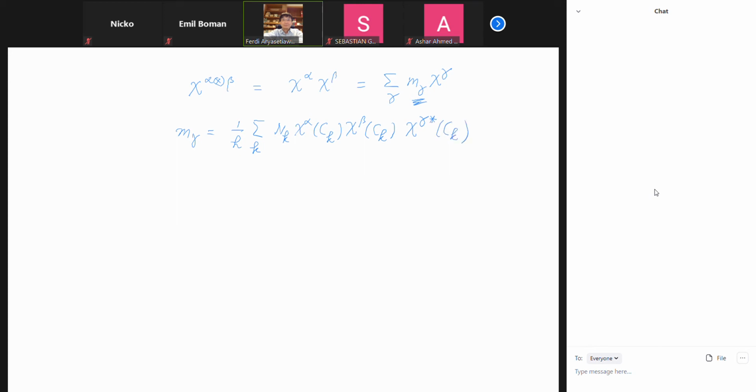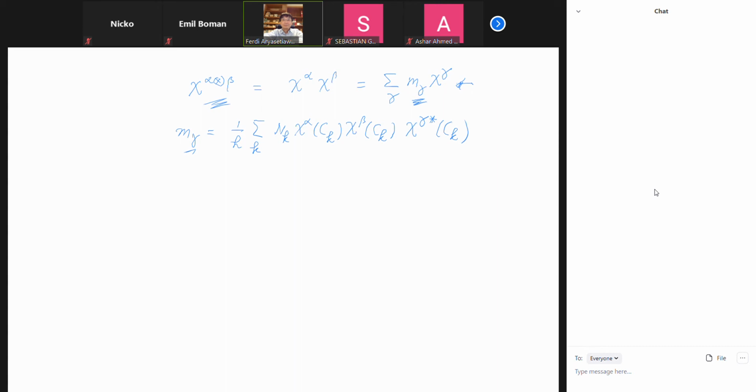This is the general formula that we had before, that allows us to decompose the direct product representation into the irreducible components. So this m gamma tells us how many times the representation gamma appears in the direct product representation.